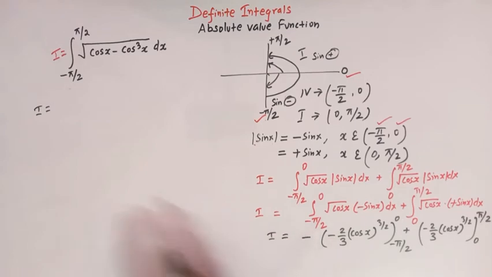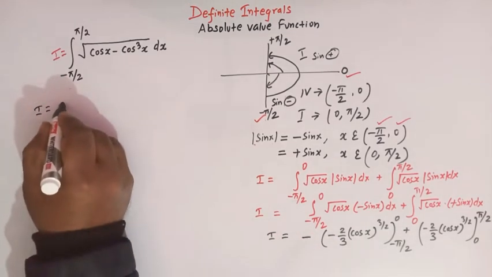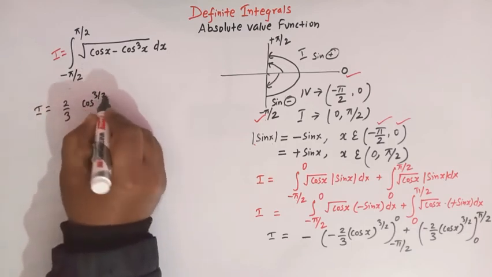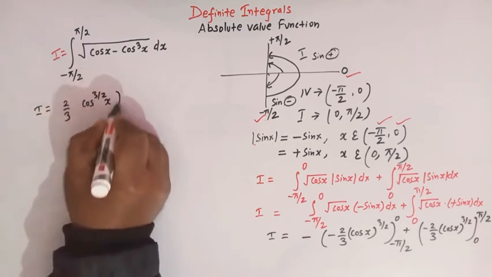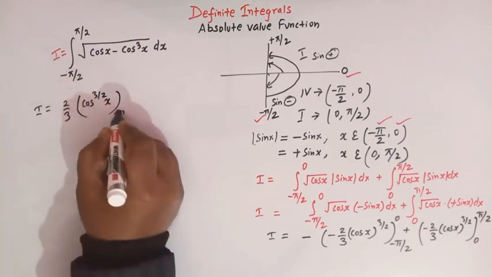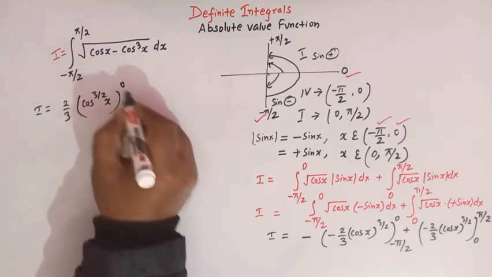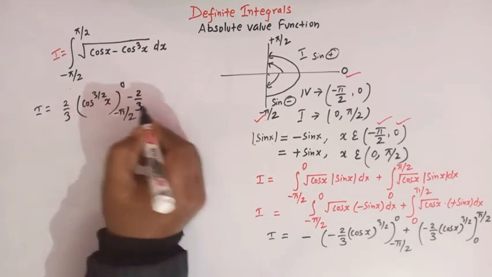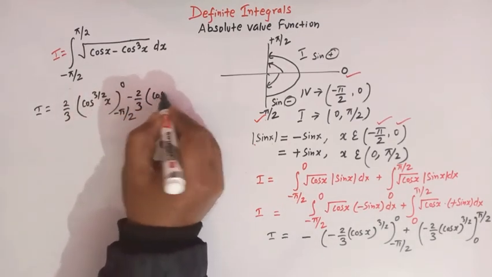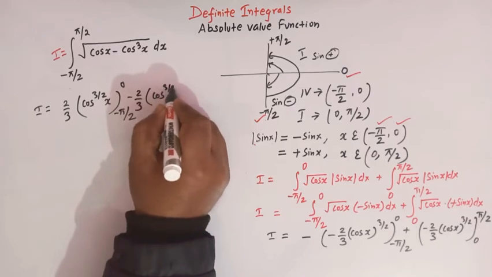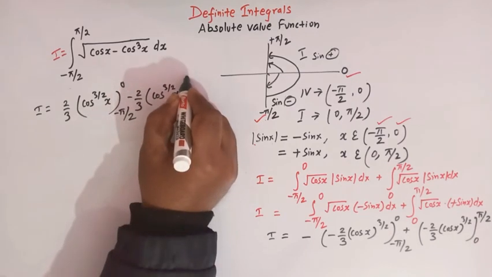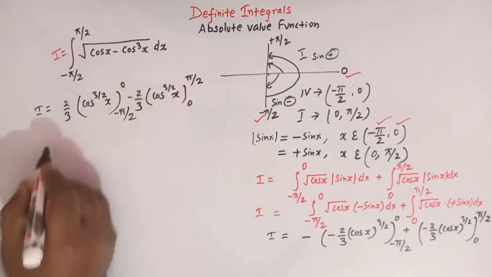So now simplifying it, negative and negative becomes positive, so we have 2 over 3 cos raised to 3 by 2 x, and limits are from minus pi by 2 to 0, and here we have minus 2 over 3 cos raised to 3 over 2 x, and limits are from 0 to pi by 2, right?